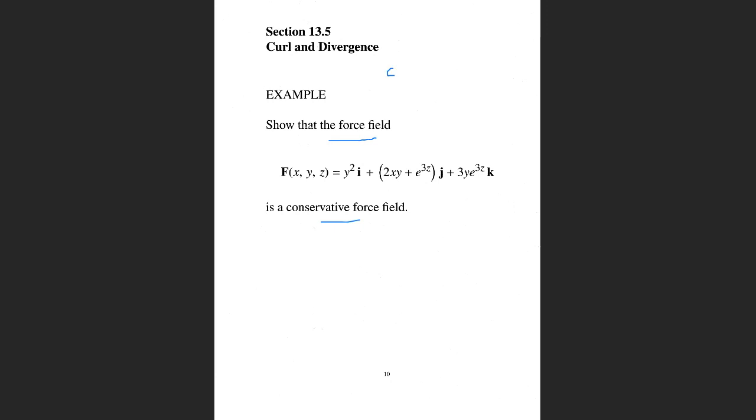And we learned that the curl of the gradient of a function f, and the gradient of a function is itself a vector field, right? The curl of a gradient of a function is equal to the zero vector.